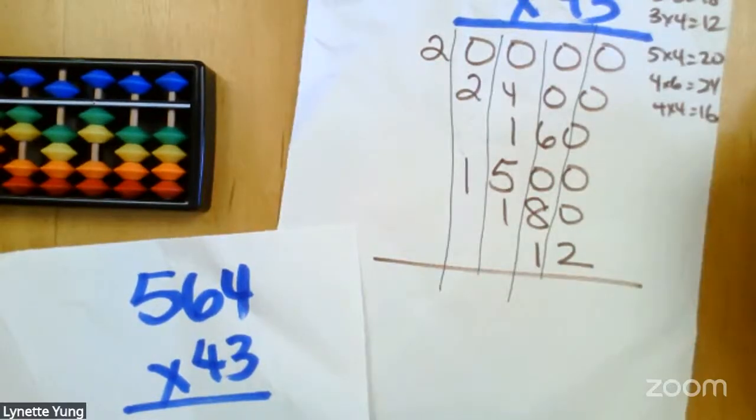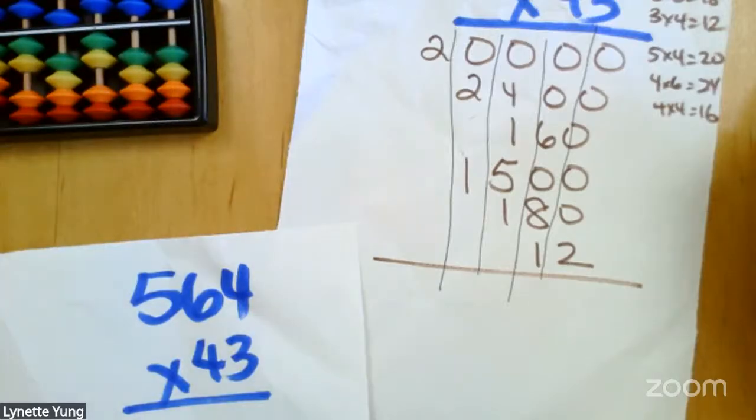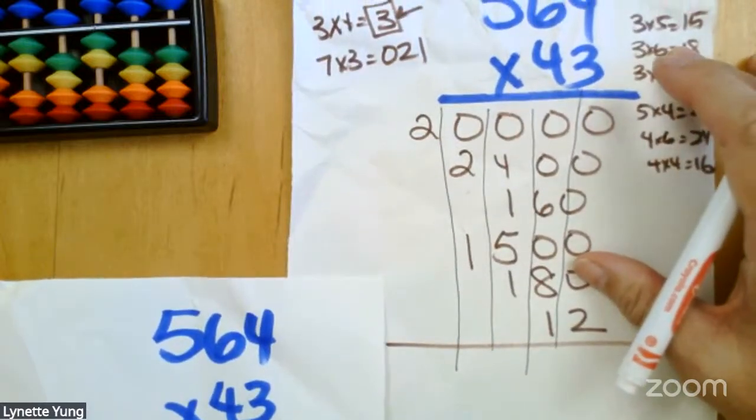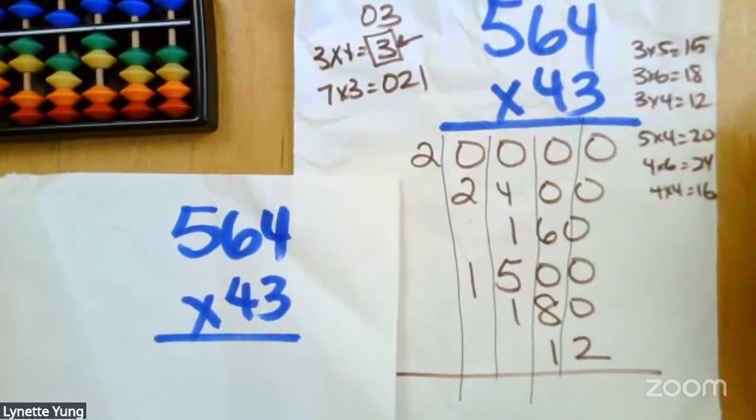That's 2,400. And then it gets smaller because you're multiplying with a smaller place value number. 40 is always going to be there. 40 times 500, 40 times 60, and 40 times 4. That's going to still stay there.